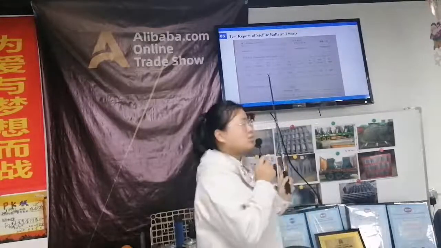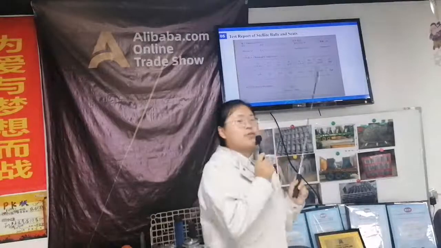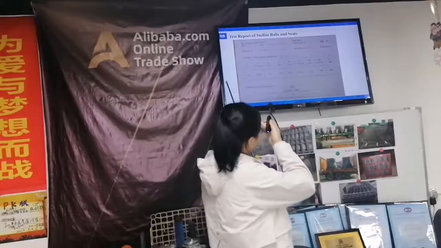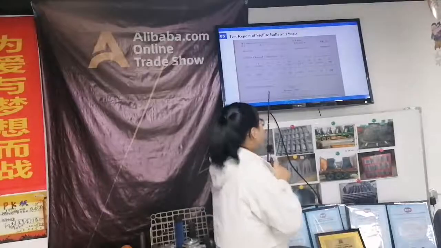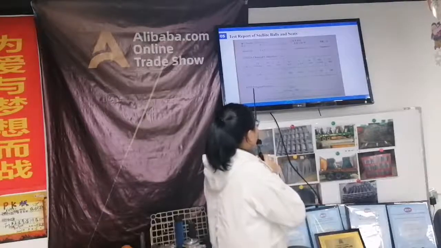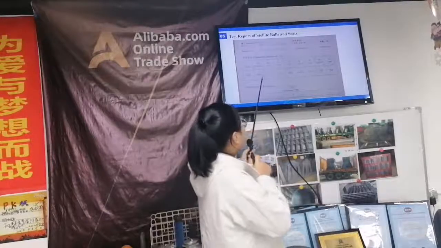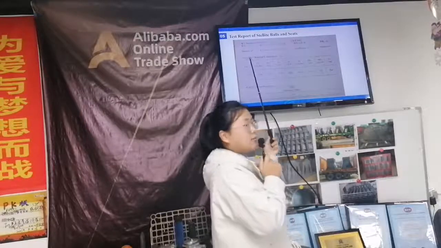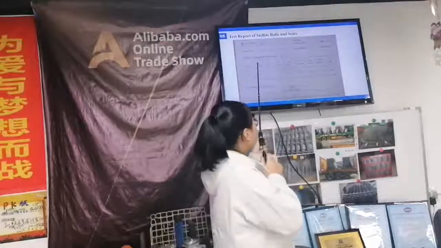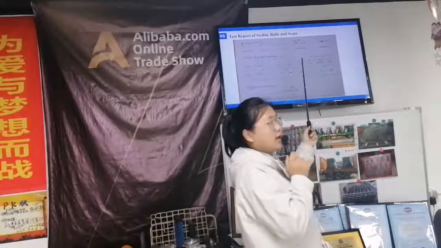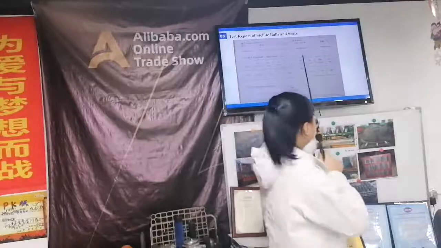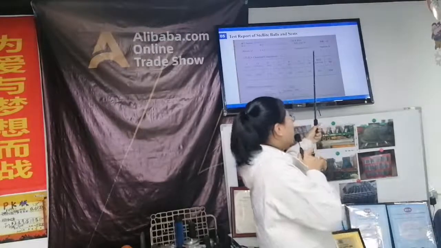Next, test report for C9 balls and seats. This paper is the test report. The material is C93 or A3. The specification is diameter 31.75 mm.